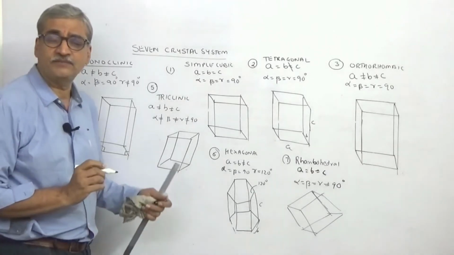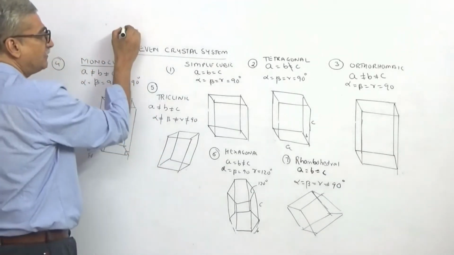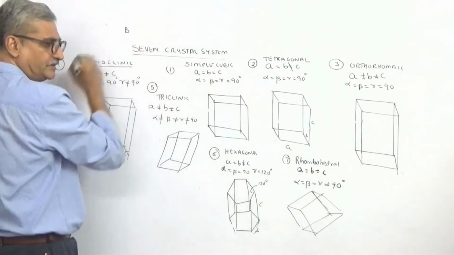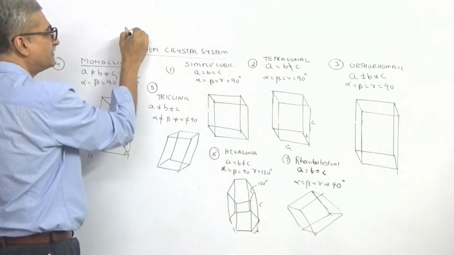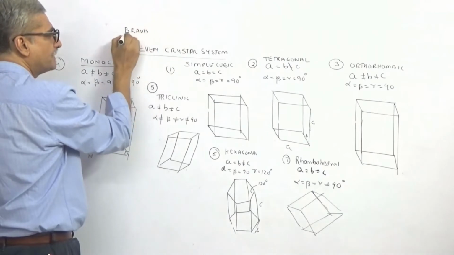Today what are we talking about? Today we are talking about this mathematician by the name Bravais.